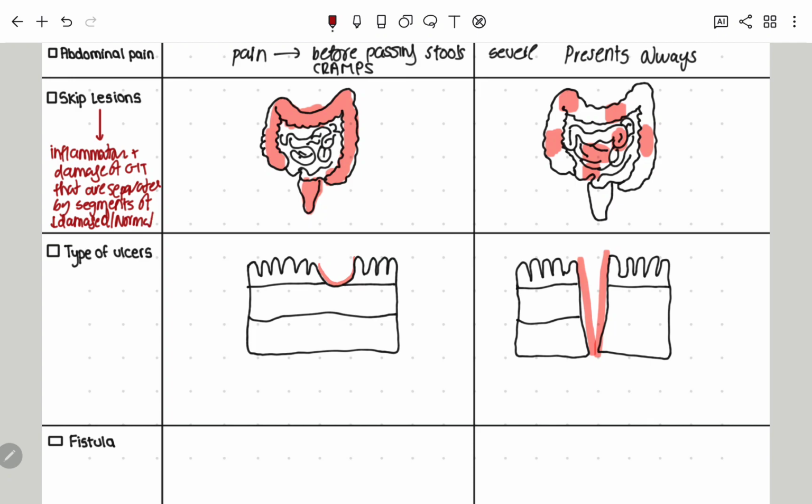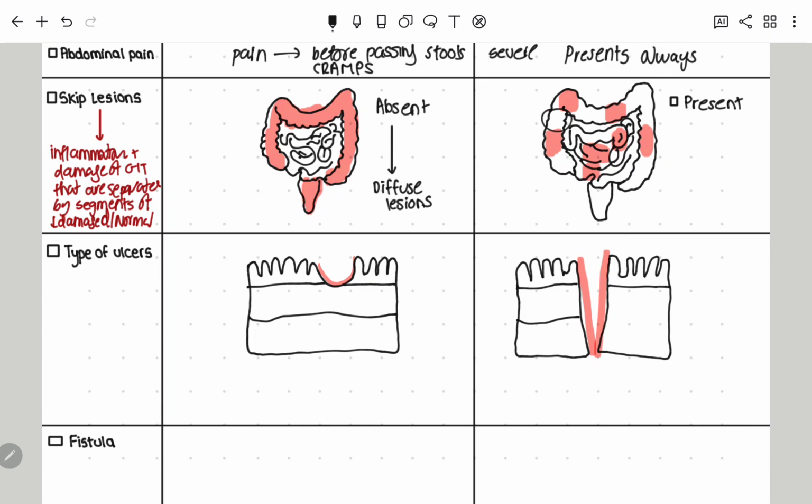And so in ulcerative colitis, these skip lesions are absent, and the type of lesions that we describe in the case of ulcerative colitis are more diffuse in nature, diffuse lesions. Whereas in the case of Crohn's disease, we can say that skip lesions are present.